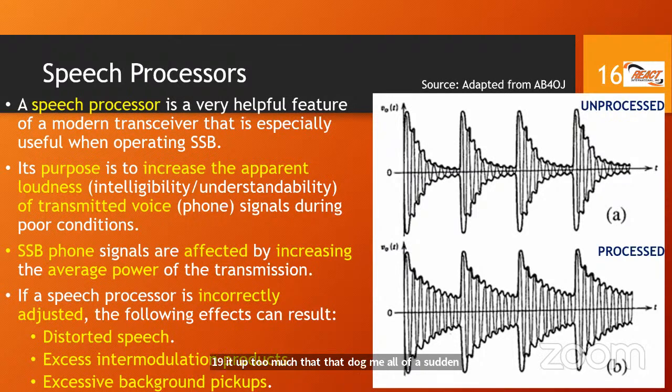So excessive background pickup could be one of those negative side effects if I incorrectly adjust my speech processor and it's too loud. It not only distorts my voice, but it brings in other parasitic noises in the background. It raises the level up, and that also is not a good thing. So the exam question will ask what some of the effects are if you incorrectly adjust your speech processor. The answer will be all of them: distorted speech, excess intermod or intermodulation products, and excessive background pickup. These are not good things.